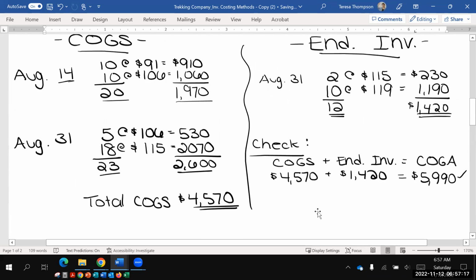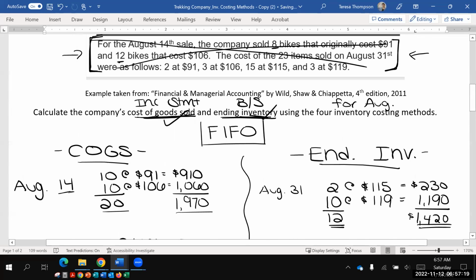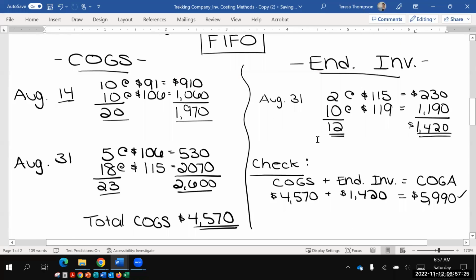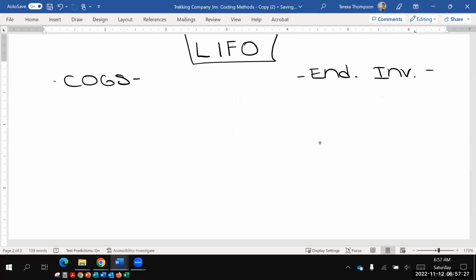All right, so same setup, separate it into my cost of goods sold and ending inventory. You still have the two same sales days, August 14th and August 31st. Now I remember the sale for August 14th was 20 units, and for August 31st, it was 23.